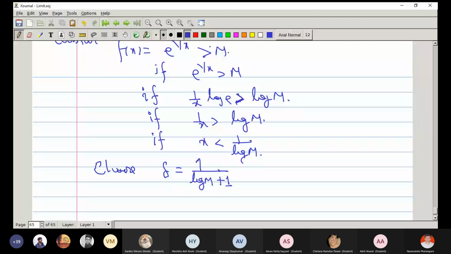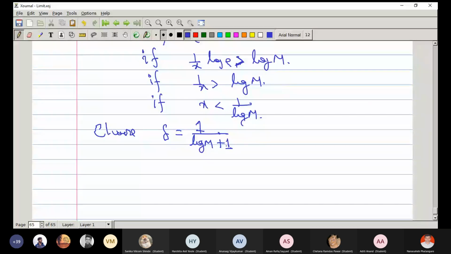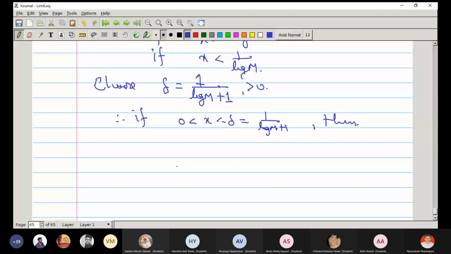Still smaller than this. If you choose delta equal to 1 upon log m plus 1, certainly this quantity is positive because we are choosing m sufficiently large, so log m is positive. So if 0 less than x less than delta, where delta is 1 upon log m plus 1, then verify that f of x, or e raised to 1 by x, is greater than m.